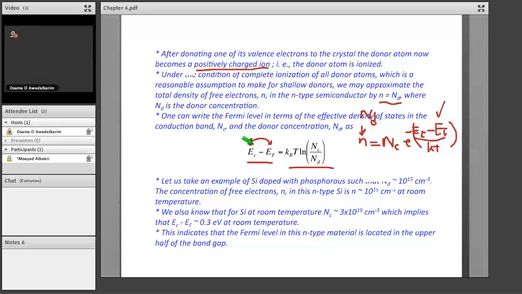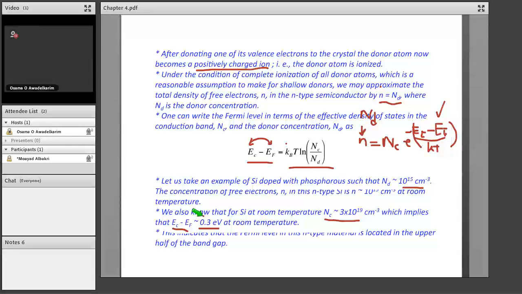In an n-type semiconductor, because Nd is large, of the order of 10 to the 15 and higher, and Nc in silicon is of the order of 3 times 10 to the 19, if we substitute here, we find Ec minus Ef of the order of 0.3 electron volts at room temperature. Now, the band gap for silicon is 1.12 electron volts, so the middle of the gap is around 0.56, and this 0.3 electron volts is less than the middle of the gap.